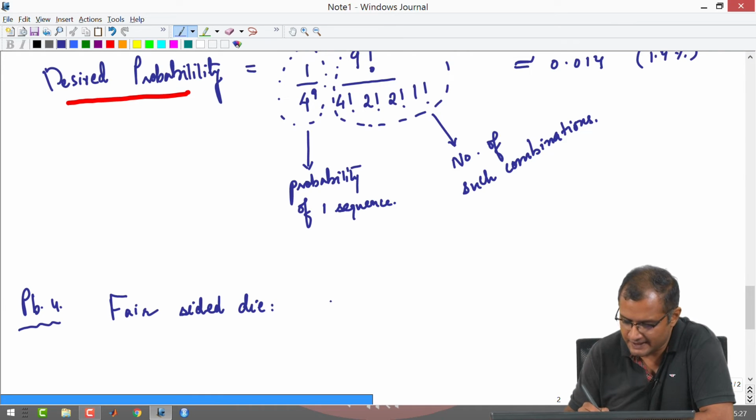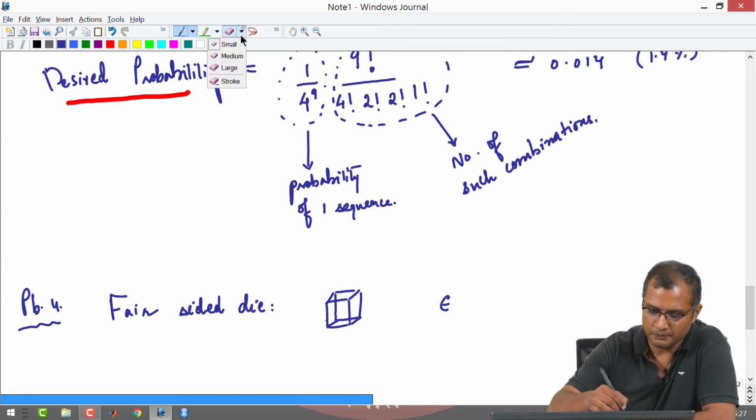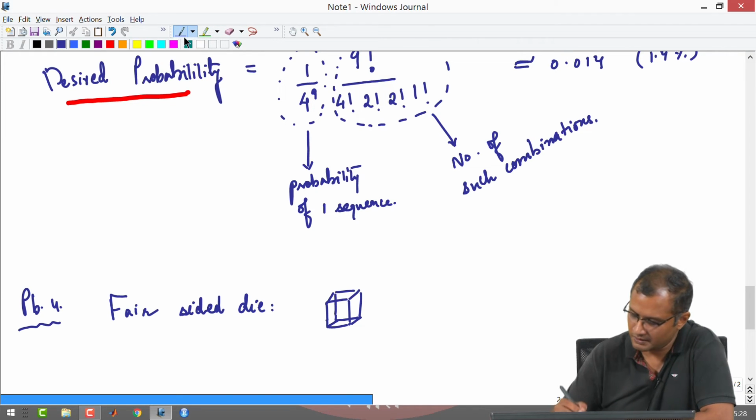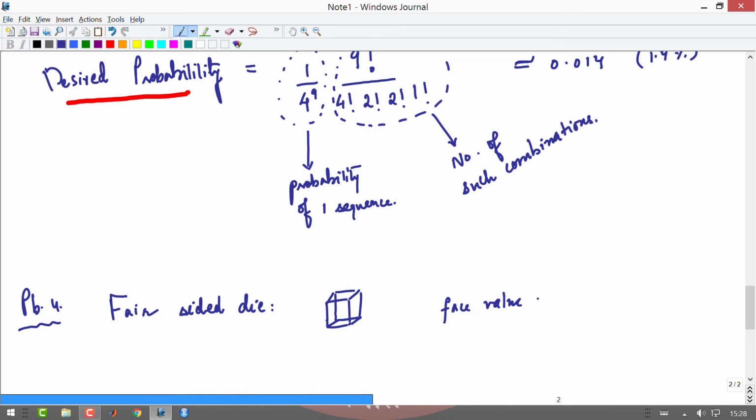So, a die is basically a cube shaped object, and on each side of this cube you have a number written on it. Okay, so you can say that the face value of a die is, let us say, mu. Okay, so the face value is mu, and this mu belongs to one of these digits.